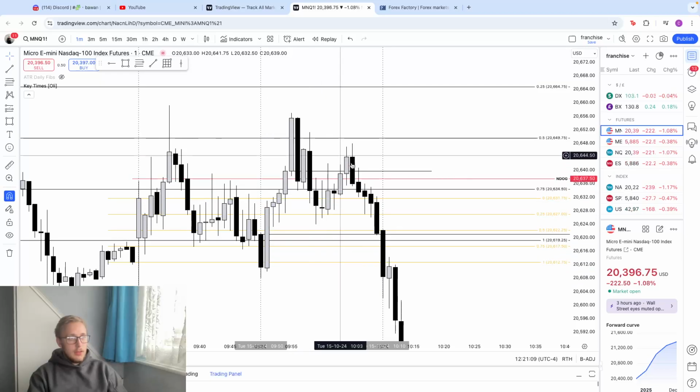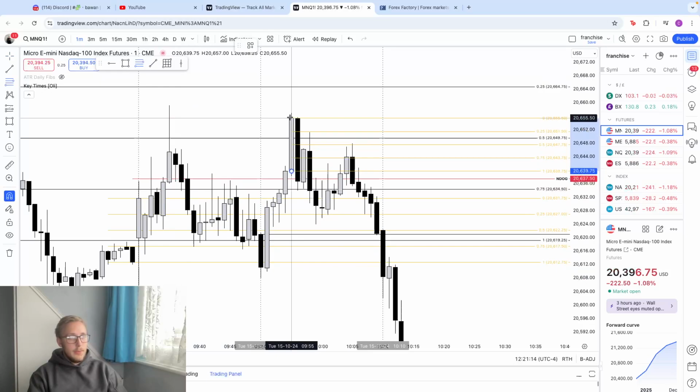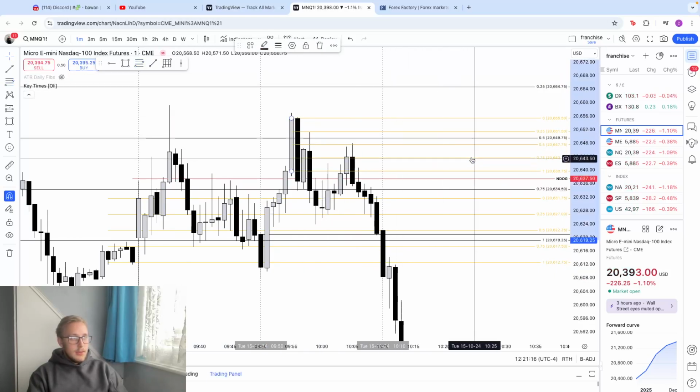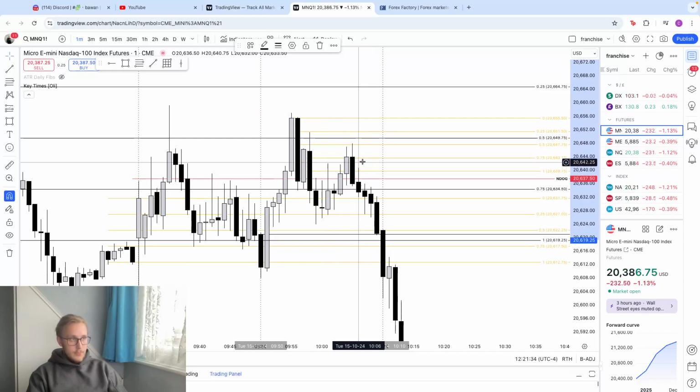We come down, we respect it. Let's mark the bodies. As you can see, we don't get a body close above 50% of the body CSD, which is a very good bearish signature. We obviously tap 50% a lot. Tap it there, miss it by a tick. We displace down.